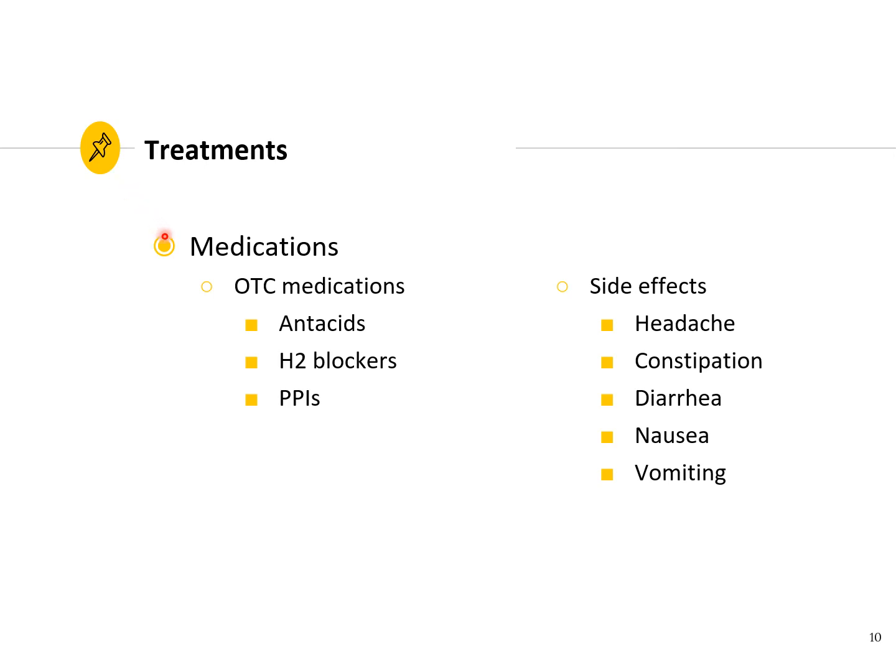Doctors might also suggest taking medications, especially over-the-counter medications such as antacids, H2 blockers, or proton pump inhibitors, or PPIs. But keep in mind that these medications can also cause side effects such as headache, constipation, diarrhea, nausea, and vomiting.